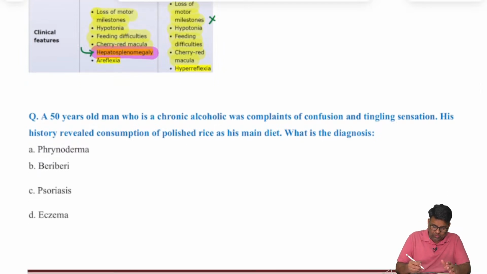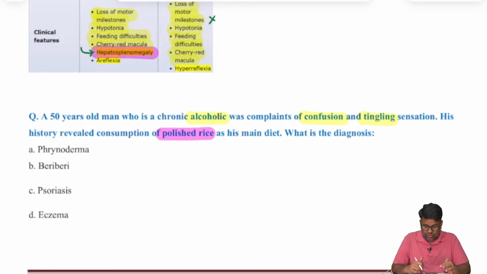Now, the next question was about a case history of an elderly patient who is an alcoholic and developed confusion and a tingling sensation, and it was known that he is eating polished rice.